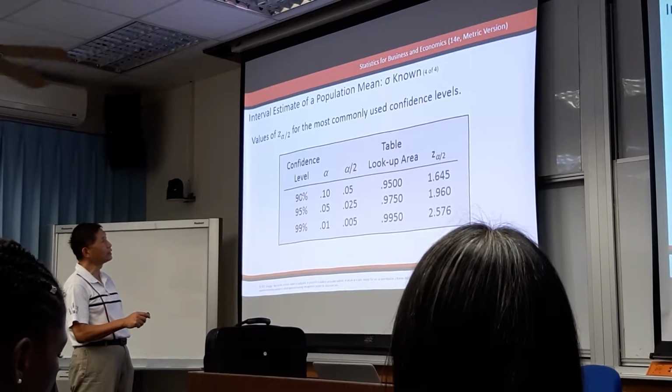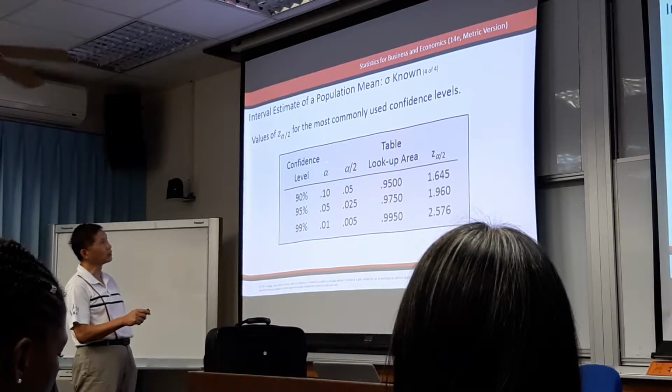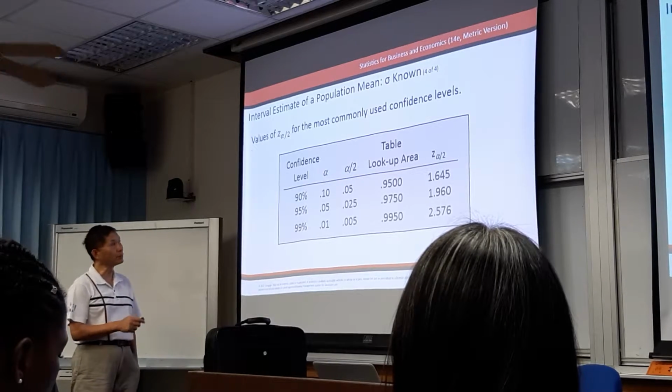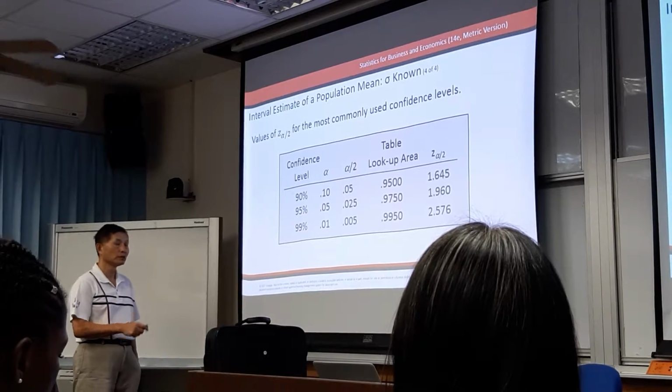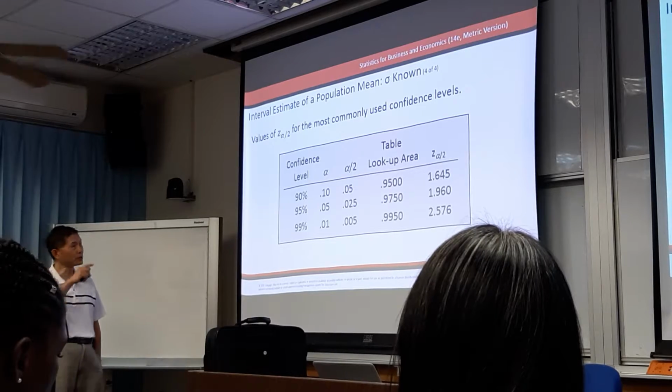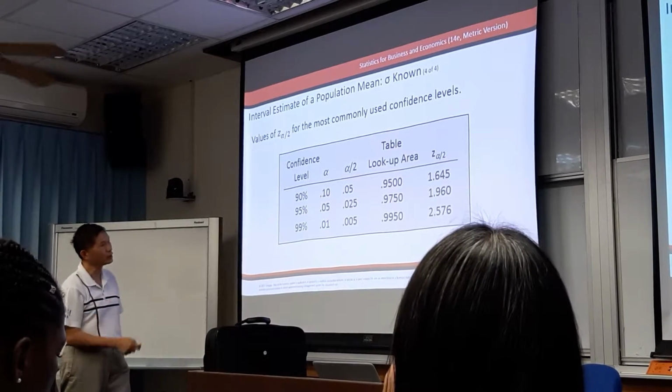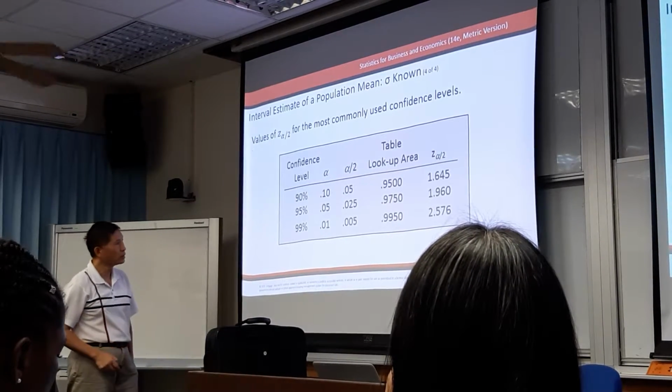So the confidence interval depends on the value of alpha. Alpha can be 1% or 10%, but in most cases they prefer 5%.